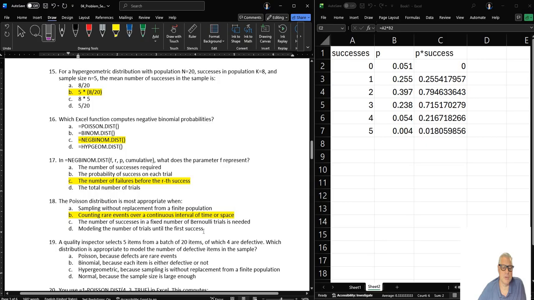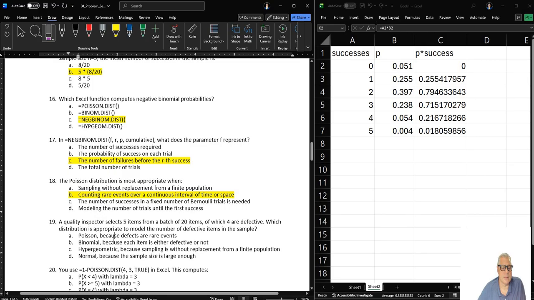Modeling the number of trials until the first success. No, that would be a special case of the negative binomial. And in fact, that would be the geometric here that I just deleted. The geometric is a specific case of the negative binomial, where we look at the number of failures until the first success.